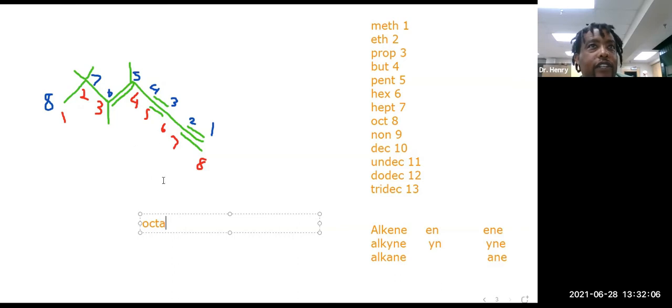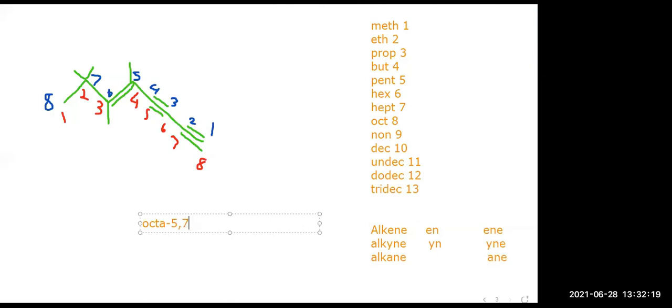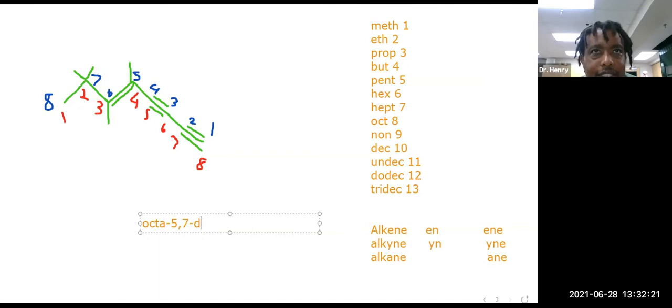So we go 5, comma 7. That's 2, so what do I use to represent 2? Di. So it'll be di-YN, dash, our double bond is on the 3rd, ENE.